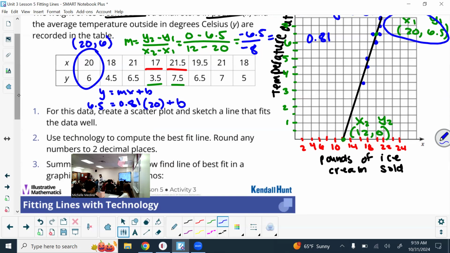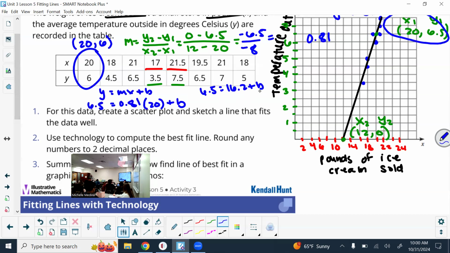So then in your calculator, you're doing 0.81 times 20, which is about 16.2. So I have 6.5 equals 16.2 plus b.